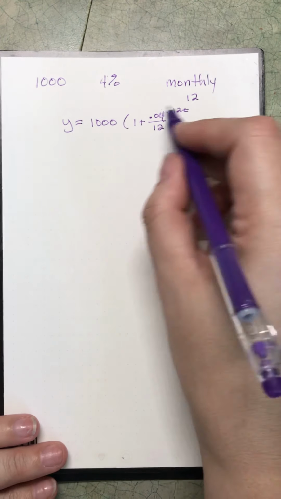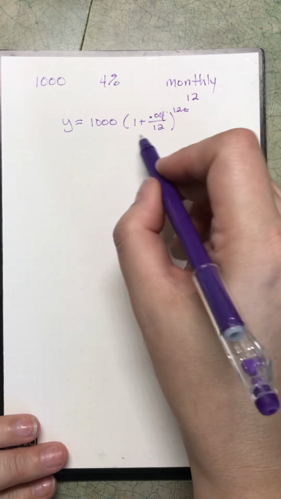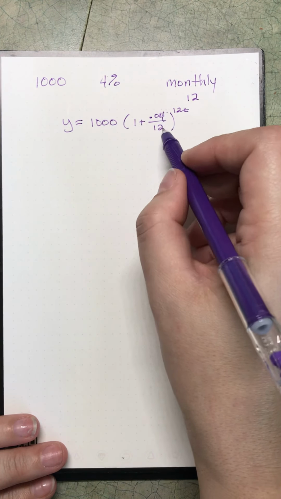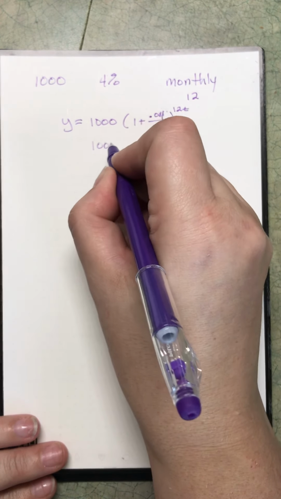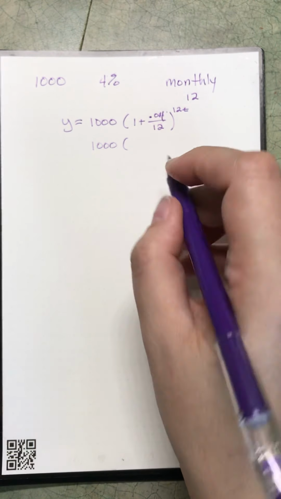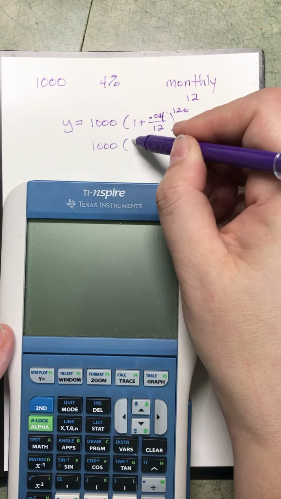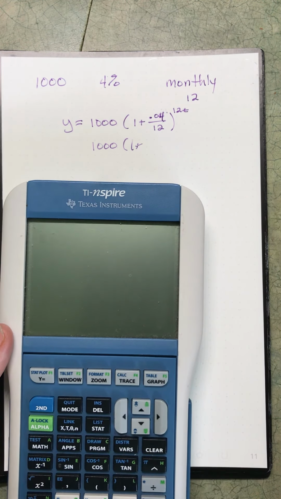So again, I have to do order of operations. I have parentheses. I have to do what's inside the parentheses first. I'm going to divide first. So on my calculator, I'm going to have my 0.04 divided by 12.